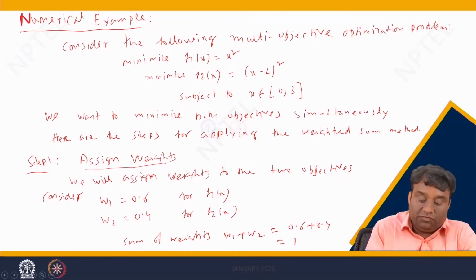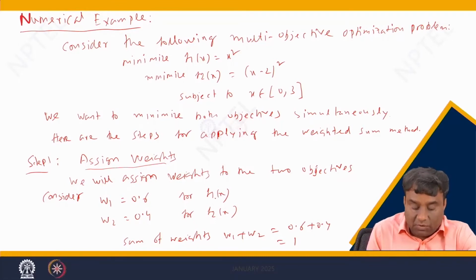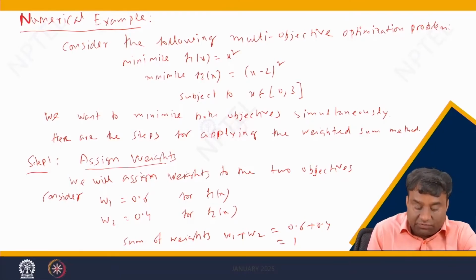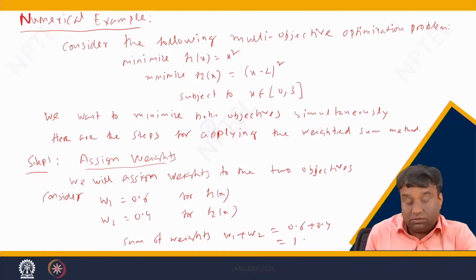If both objectives are equally important, then we may say w1 equal to 0.5, w2 equal to 0.5. Here we are saying w1 equal to 0.6, as we are assuming f1(x) is relatively more important than f2(x). So here w1 is 0.6 for f1(x), w2 is 0.4 for f2(x). You can see that the sum w1 plus w2 is 1.